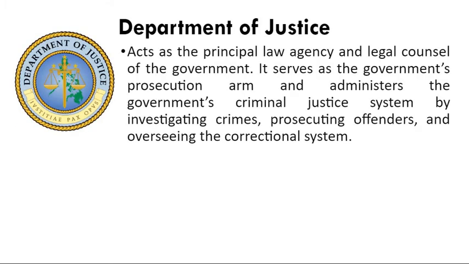Next. We also have the Department of Justice, of course, diba? So, DOJ acts as the principal law agency and legal counsel of the government. So, it serves as the government's prosecution arm and administers the government's criminal justice system by investigating crimes, prosecuting offenders, and overseeing the correctional system.